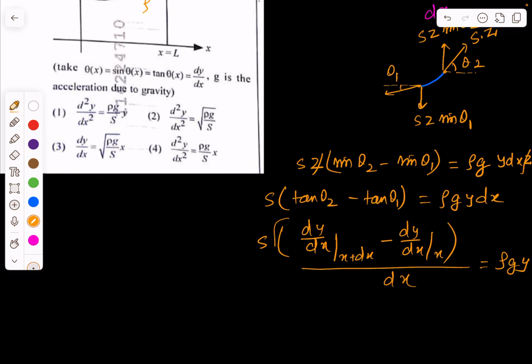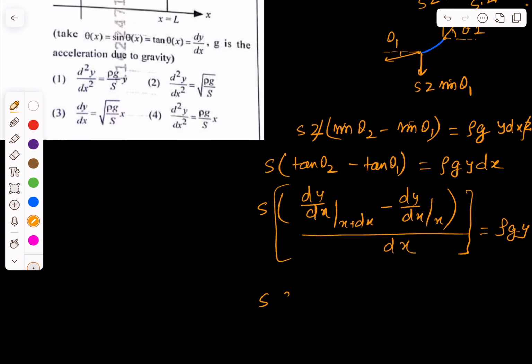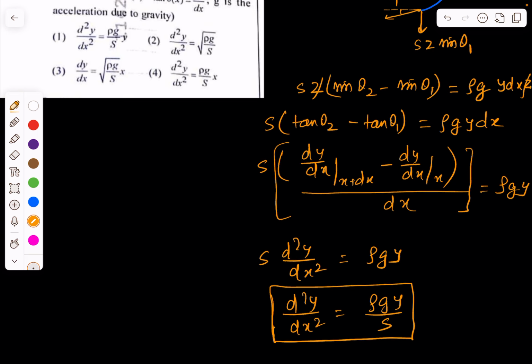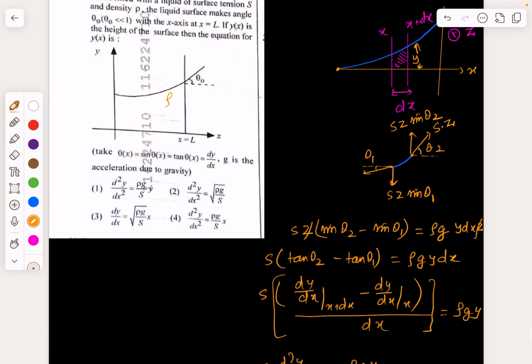Now this term is nothing but the second order derivative. So S into d2y upon dx square comes out to be equal to rho g y, which gives us d2y upon dx square equal to rho g y upon S. So this is the differential equation of the surface, the curve, the cross section.